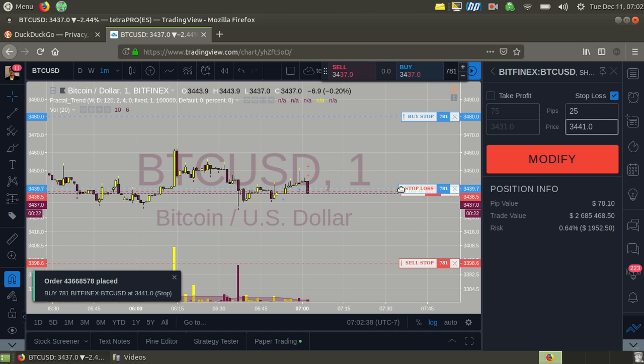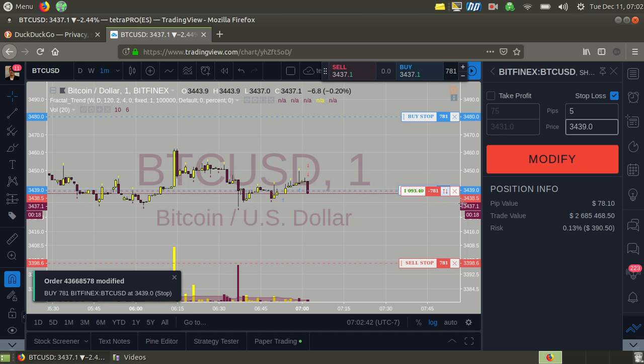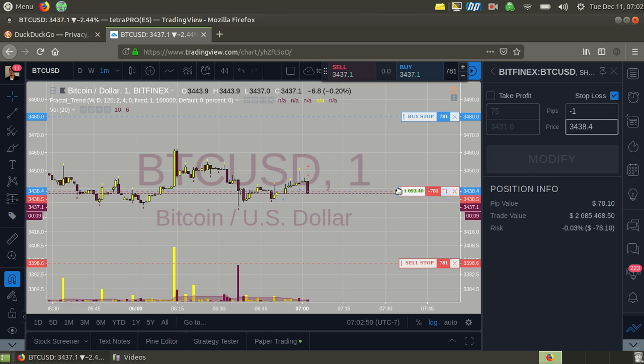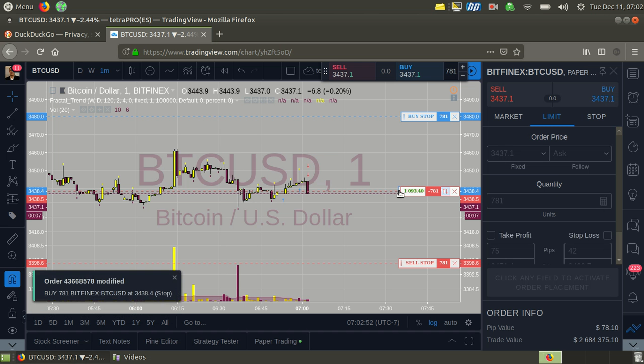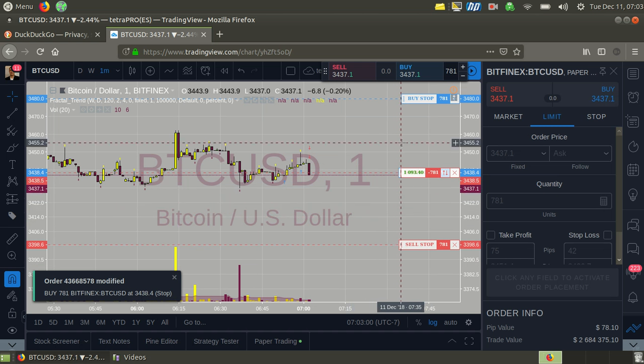I want to move this down to break even incrementally. What do I have on the table now? 0.13%. If I can get a risk-free trade, that'd be outstanding. There it is. Locked in $78 of profit. It's a risk-free trade at this point. Of course, minus slippage, but we're prepared for that.